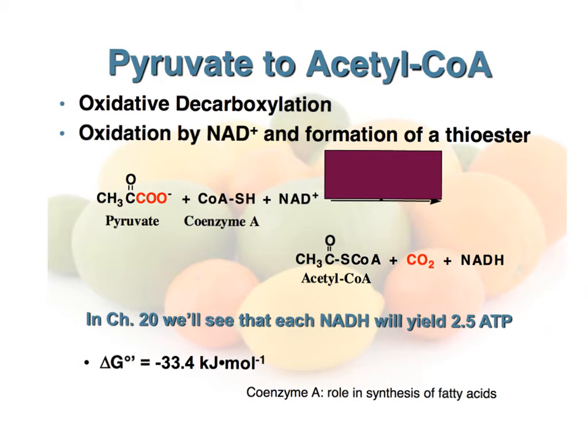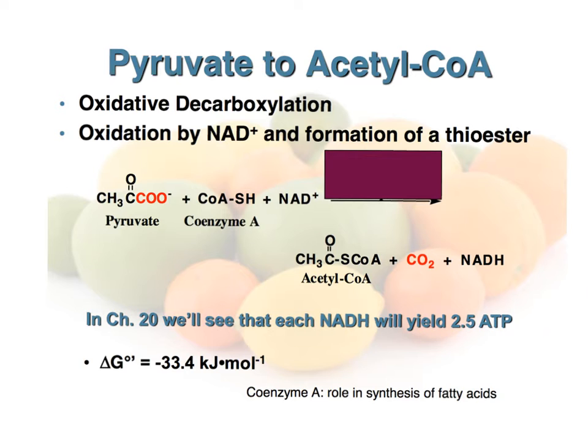Okay, so we take a pyruvate, we take coenzyme A, where the important functional group is the free thiol. The rest of coenzyme A is the business end, is what my old teacher used to call it. The rest of it's for binding and recognition, but it doesn't do the catalytic portion. We have an NAD plus.